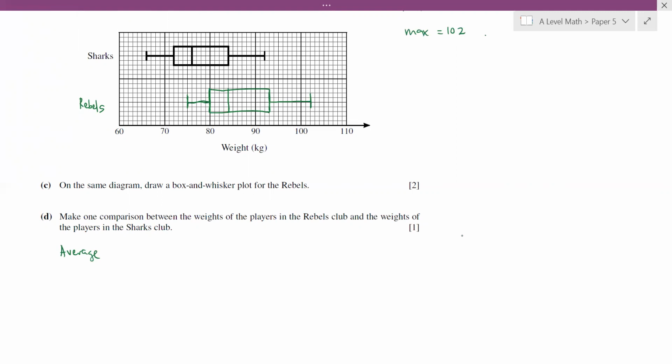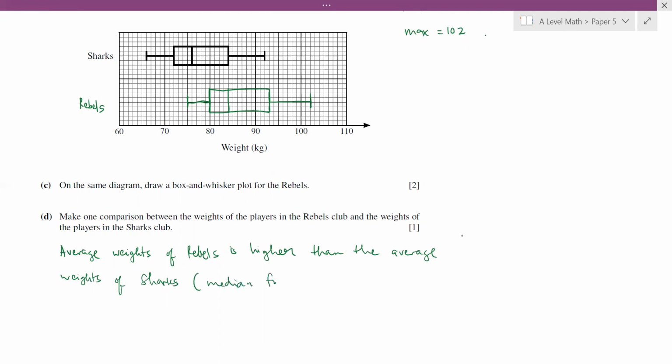Well, median can be used to represent central tendency, which is the average as well. We can say that the average weight of Rebels is higher than the average weight of Sharks. You can see that the median for Rebels is greater than the median for Sharks.